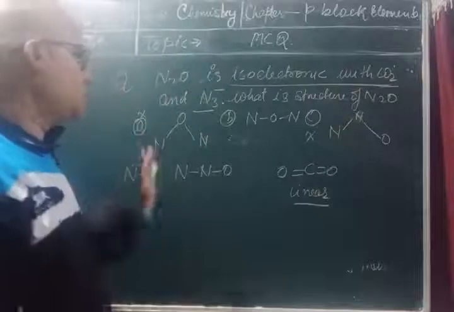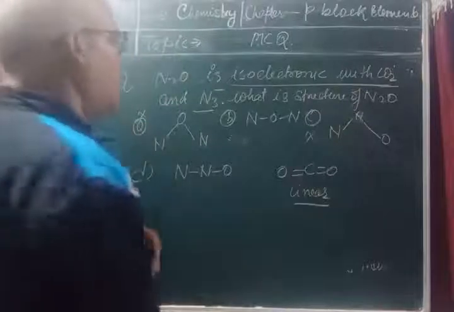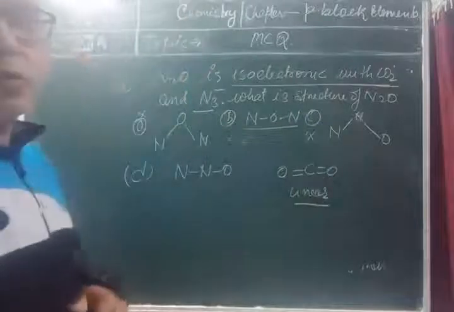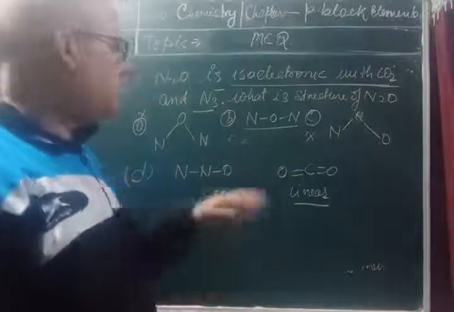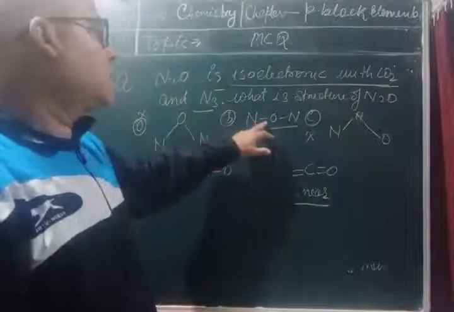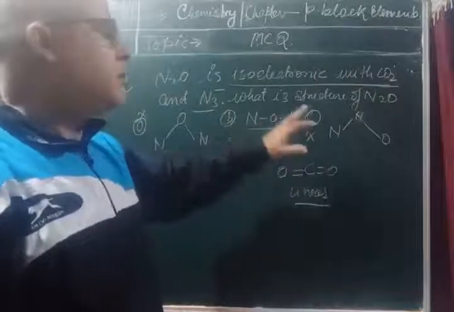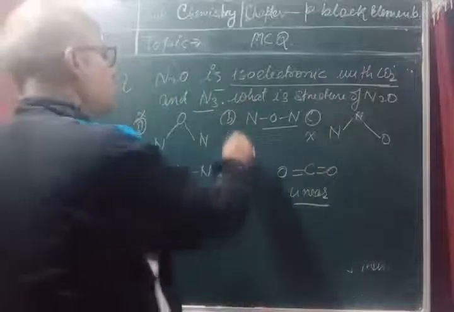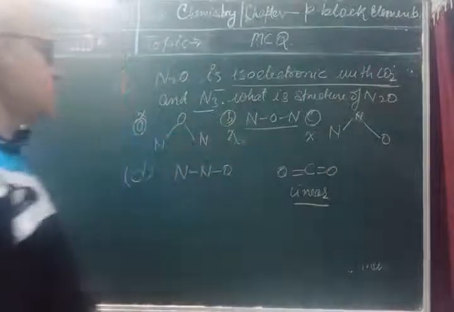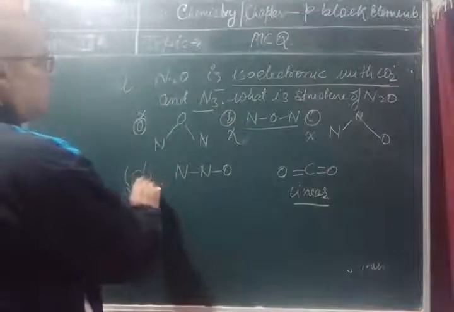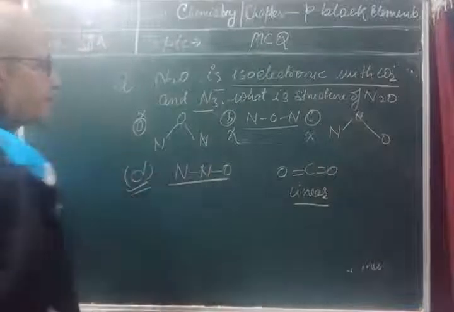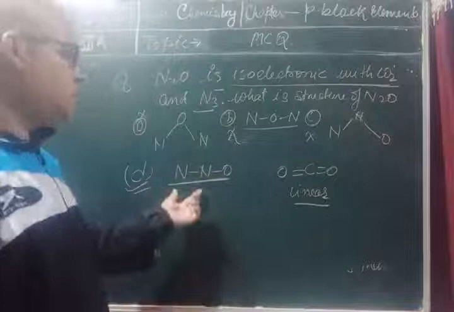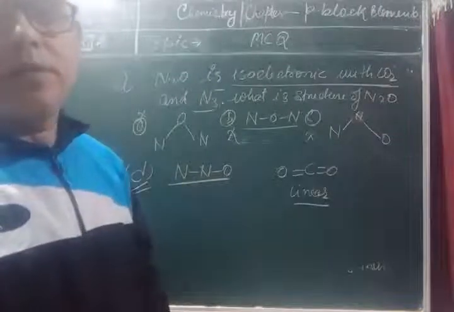So this one is the wrong answer, and this structure is also wrong. Why? Because this way nitrogen cannot complete its octet. Now the last option, B, this one is the right option.